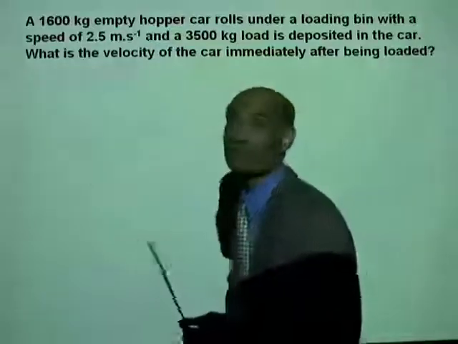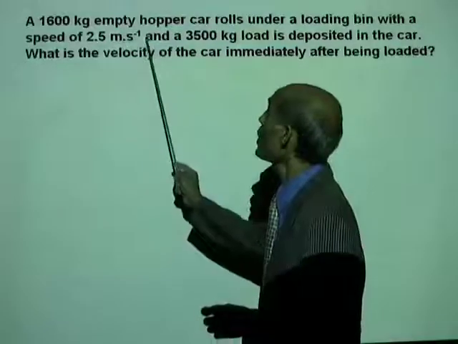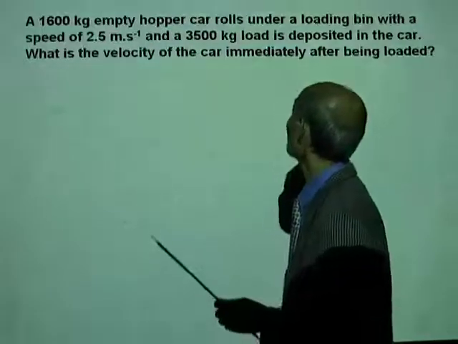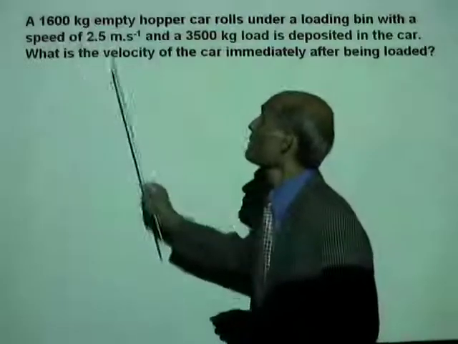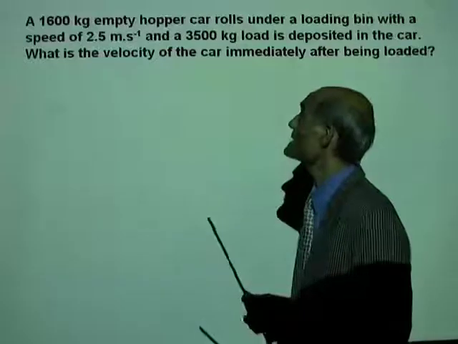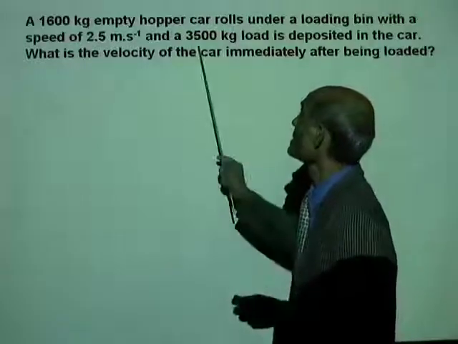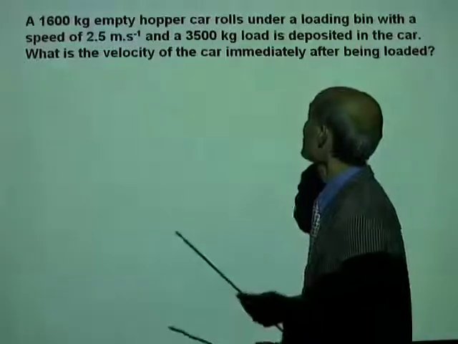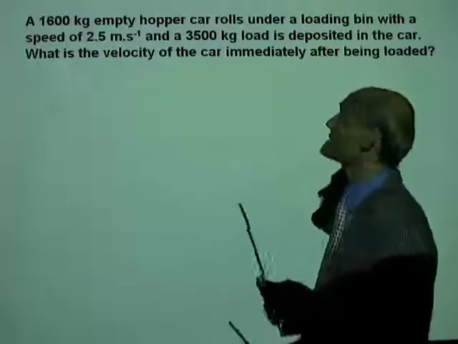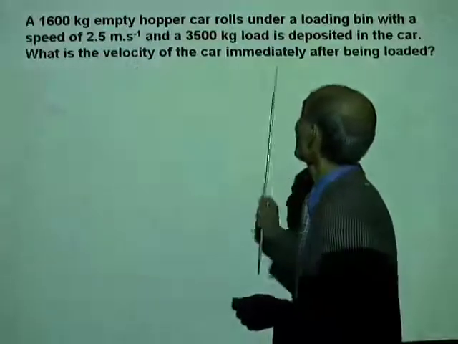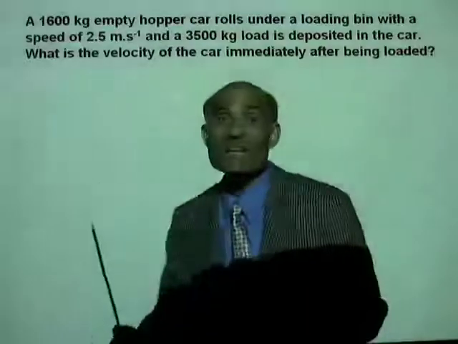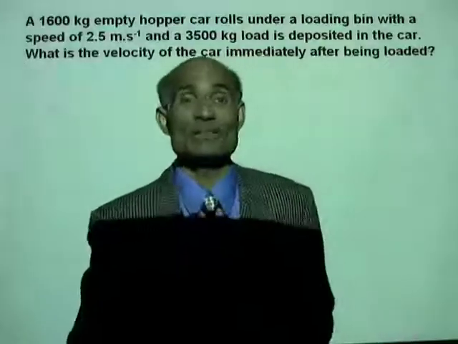A 1600 kilogram empty hopper car rolls under a loading bin with a speed of 2.5 meters per second, and a 3,500 kilogram load is deposited in the car. What is the velocity of the car immediately after being loaded?